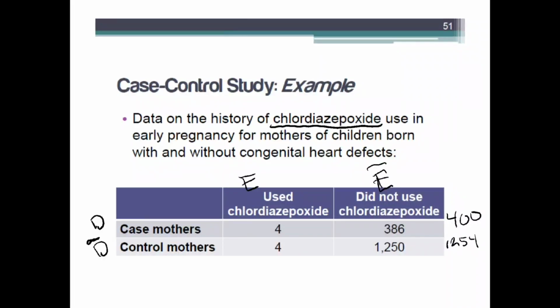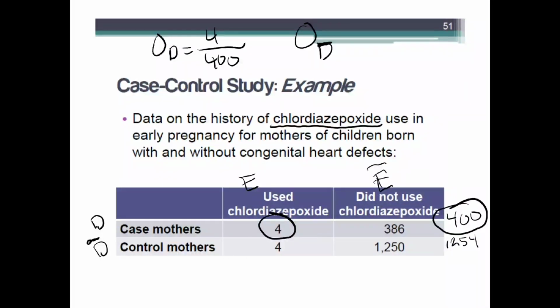Exposure odds among cases, 4 over 400, divided by... tapos, odds among the controls, 4 divided by 1254.